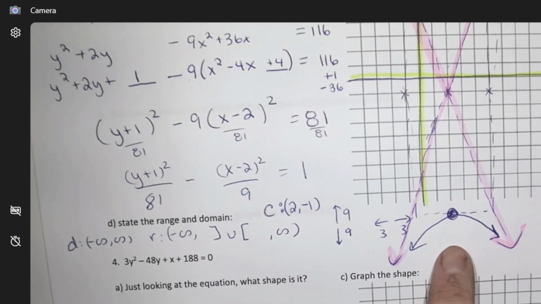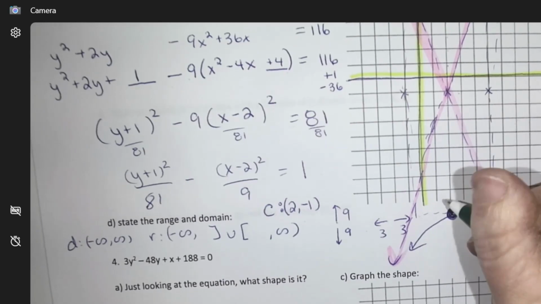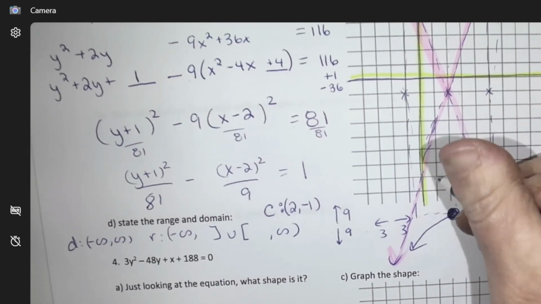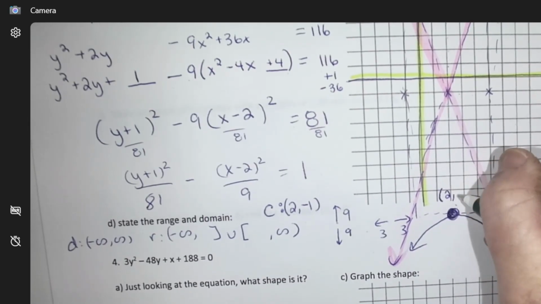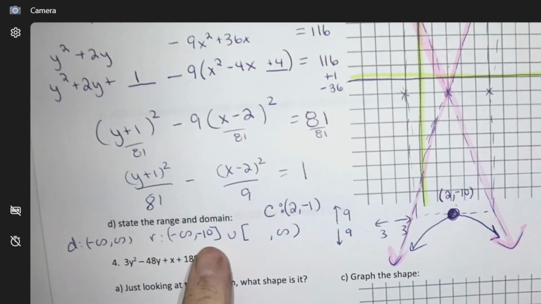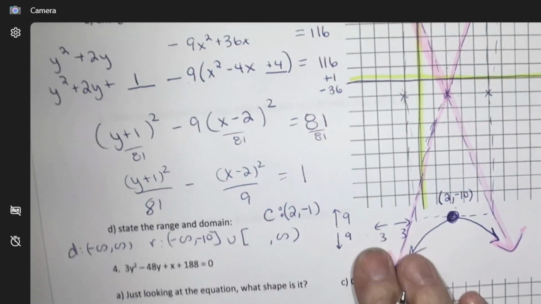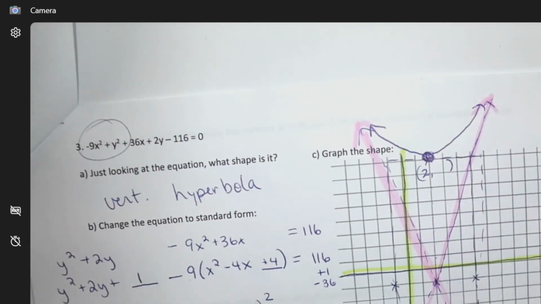So this part is negative infinity up to, what is the height of this? It's actually not a bad idea for me to put a coordinate here. 2, comma, would we have been at negative 10, right? So the height stops at negative 10. And this would be 2, comma.